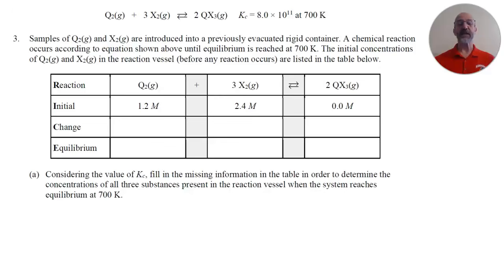So let's consider the information presented in question 3. It says samples of Q2 and X2 are introduced into a previously evacuated rigid container. A chemical reaction occurs according to the equation shown above until equilibrium is reached at 700 Kelvin.